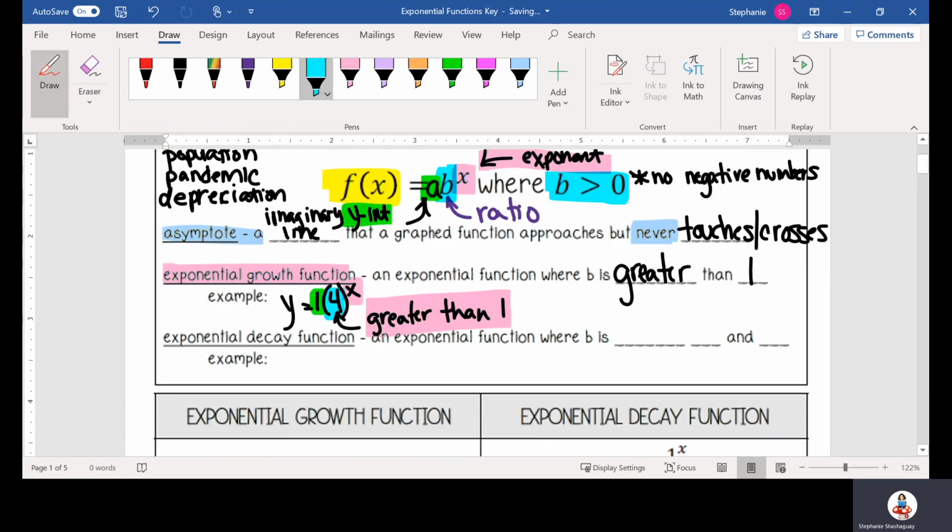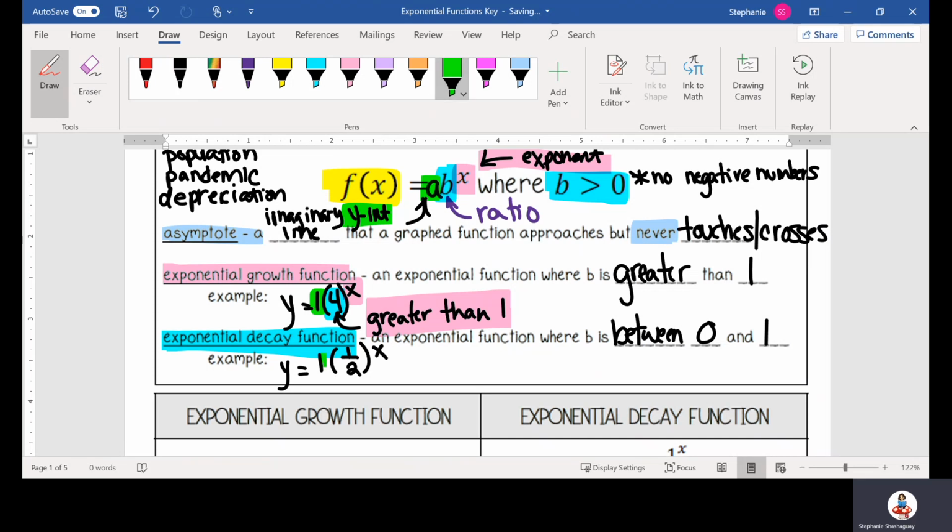The other type of function that you can have is exponential decay. An exponential decay function is an exponential function where b is between 0 and 1. So an example here would be y is equal to, and we're still going to put that 1 there for our a term, but we could have a fraction here of 1/2, 3/4, anything less than 1 to a power.